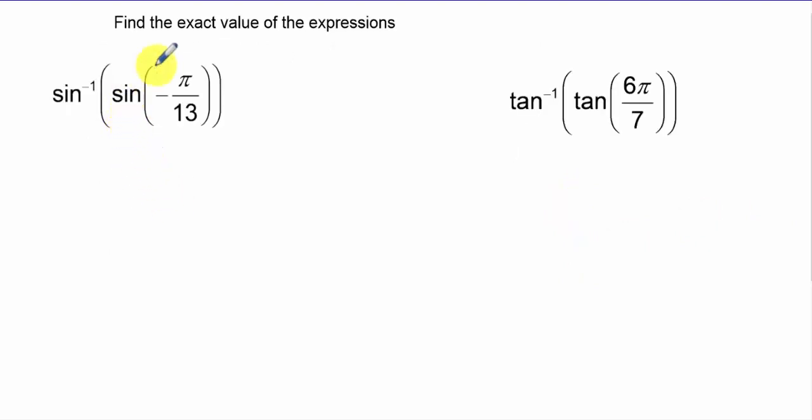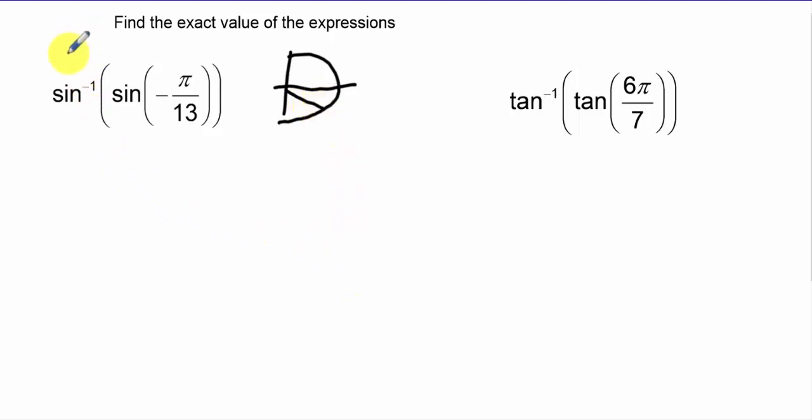Again, we want to find the exact value of the expressions. Now, this is a totally different setup. You'll notice they're asking you for the sine of pi over 13 of the negative type, and I have no idea where that is. I can't tell you what the y value of this is going to be, but I do know that if I were to draw my graph, it's somewhere over here.